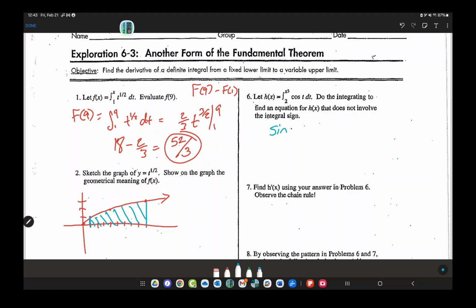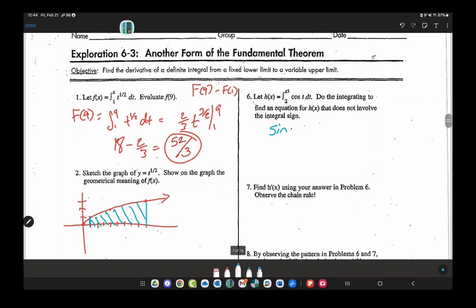Sine. Now remember, the derivative of cosine becomes negative, but it's backwards for integration. Derivatives of trig functions that start with a c will end up being negative. It's backwards for integration, so if it doesn't start with a c, it'll change sides.